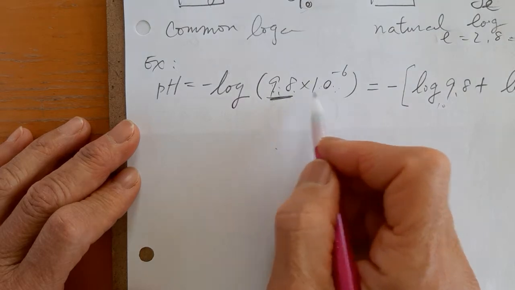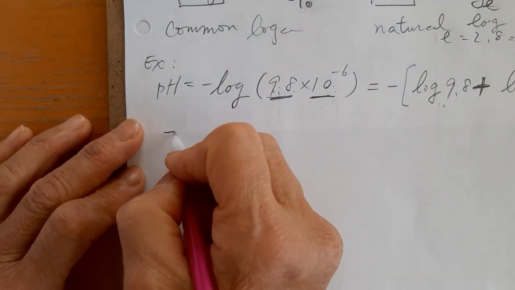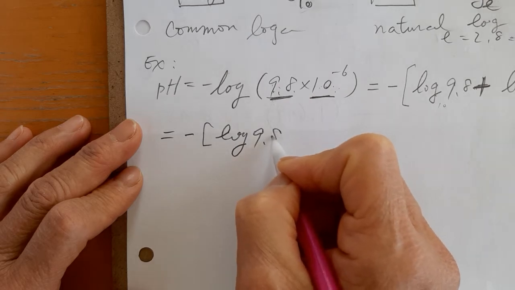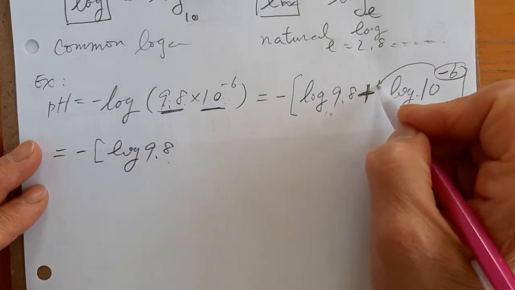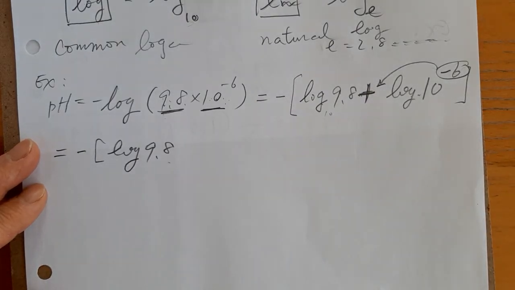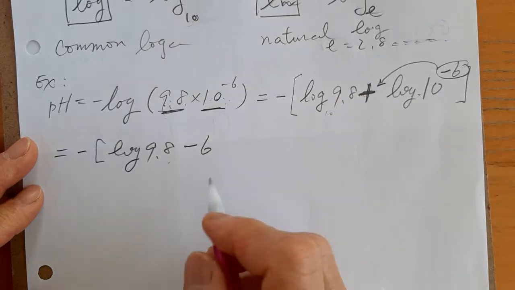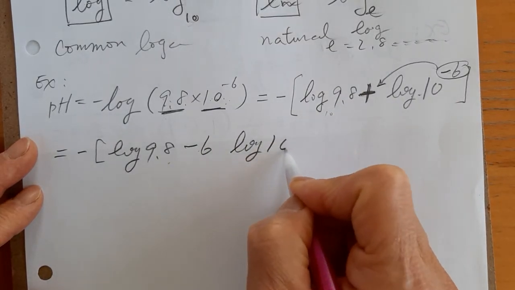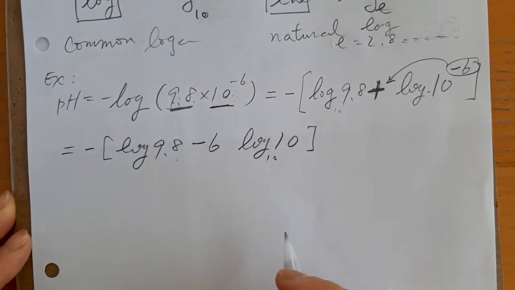With the power rule, the negative 6 comes down, giving negative 6 log 10. The base is 10.